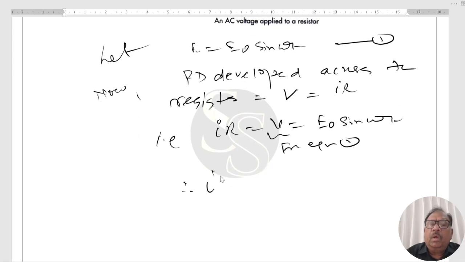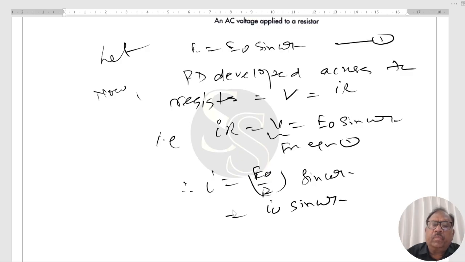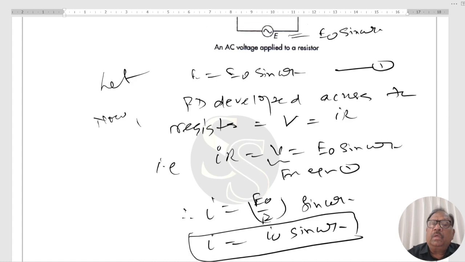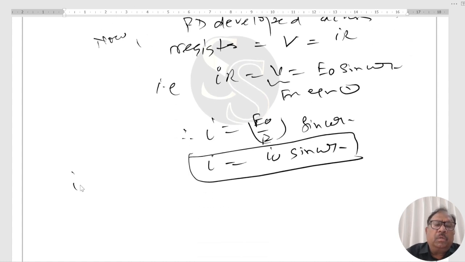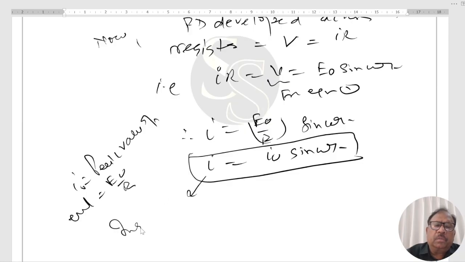Therefore, I equal to E naught by R sine of omega t, that is I naught sine of omega t. I equal to I naught sine of omega t. That is I naught peak value of current, that is E naught by R. This is the instantaneous current.